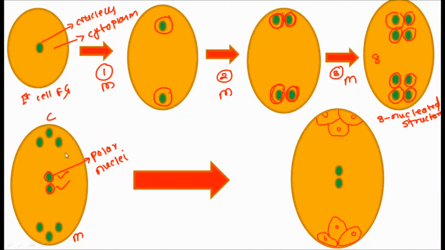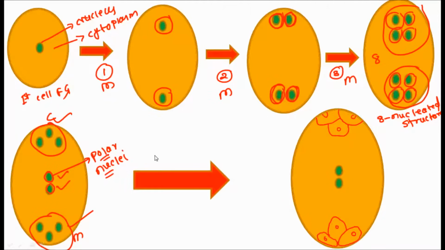So in the previous step, we had 4 nuclei at the chalazal end and 4 nuclei at the micropylar end. Now we have 3 nuclei at the chalazal end, 3 nuclei at the micropylar end, and 2 present in the center, which act as polar nuclei.